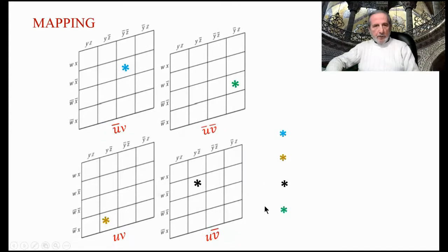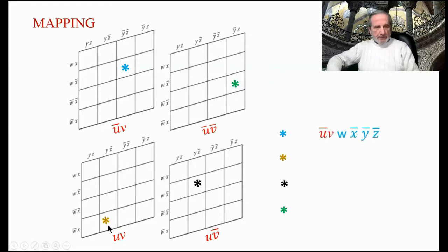Now, I will not be giving you the expressions to minimize. I will give you its map. But we know what that means. If you look at this star here, this represents u bar, v, w, x bar, y bar, z bar.